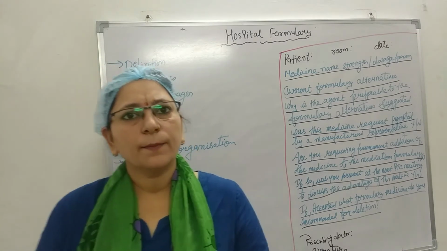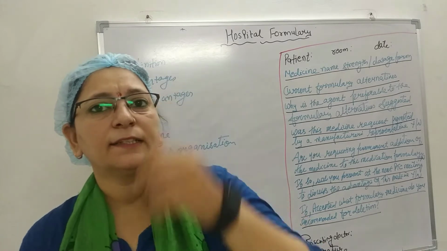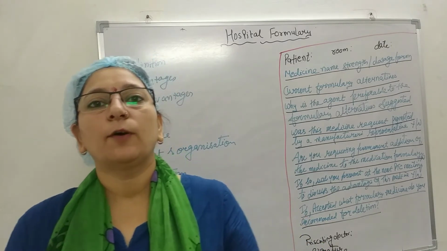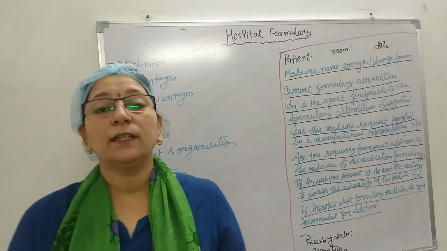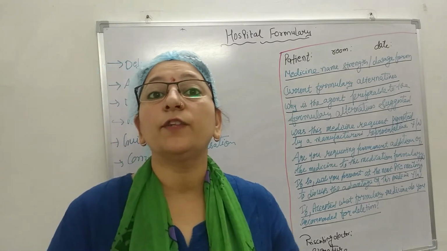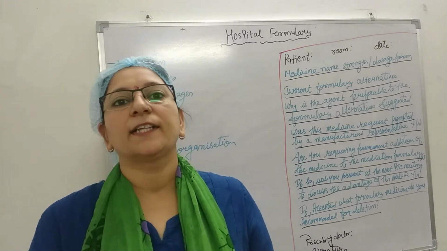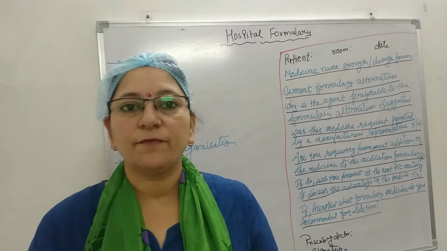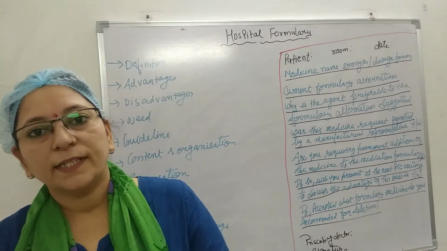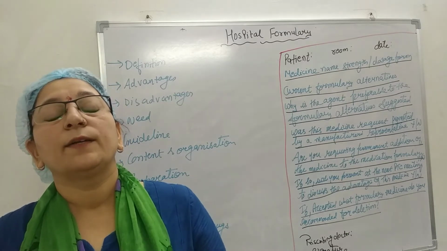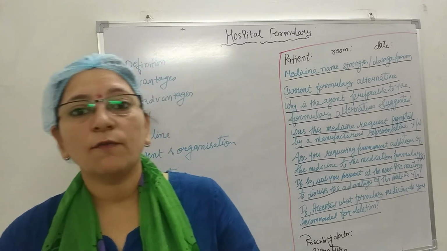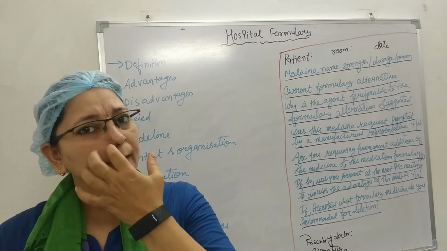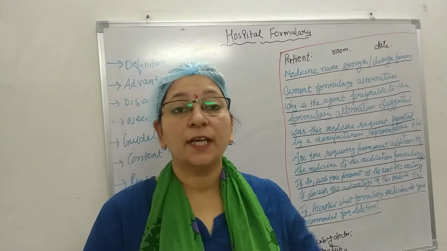So, if we talk about the contents, the basics are the list of abbreviations and the basic information of the drug, like adverse effects, interactions, safety, pharmacokinetic profile, the available dosage forms of the drug, the cost of the drug, and acceptability to the patient.